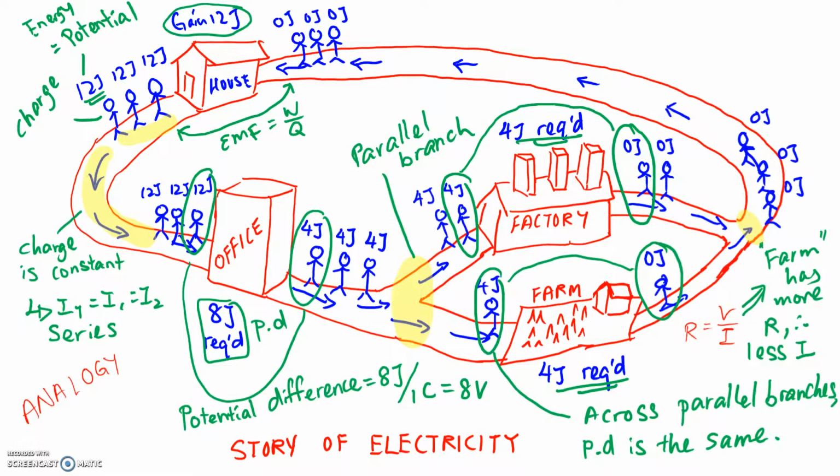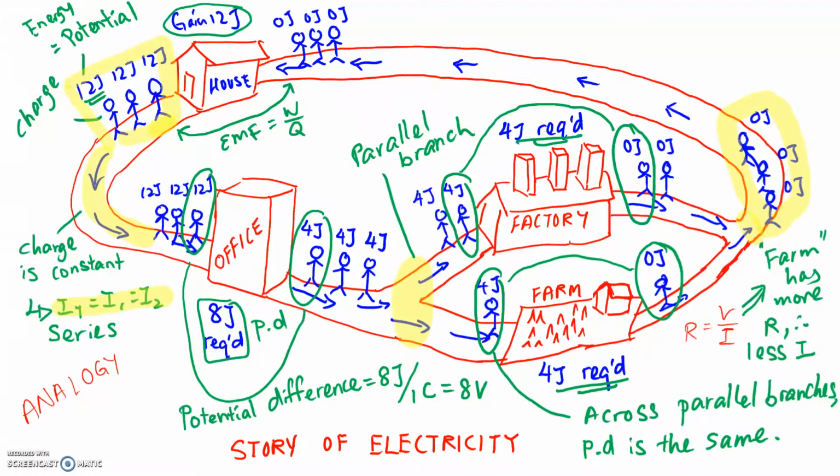After going through the parallel branches, you notice that the current once again joins back together. The charges will now flow together. So there are 3, and notice that this is the same as the initial current that you have at the start. This shows you that as long as you're in a series circuit, the current is always the same: I total equals I1 equals I2.